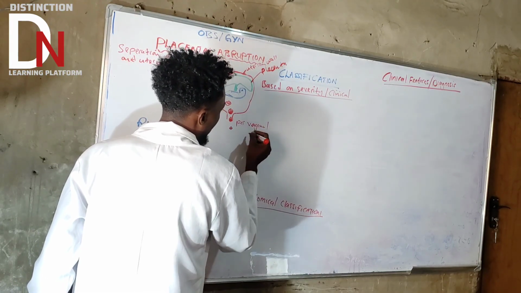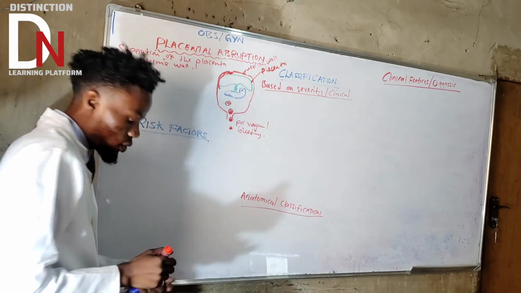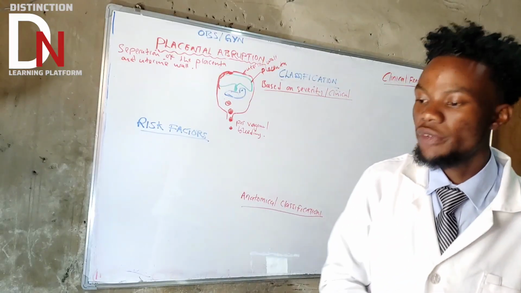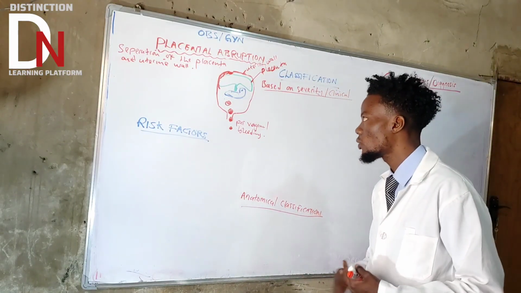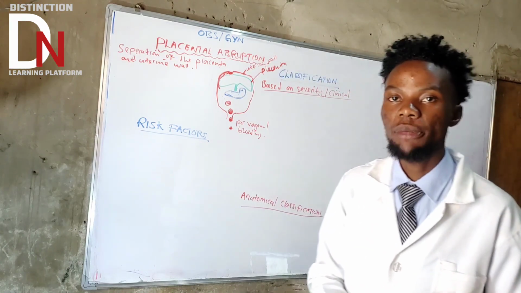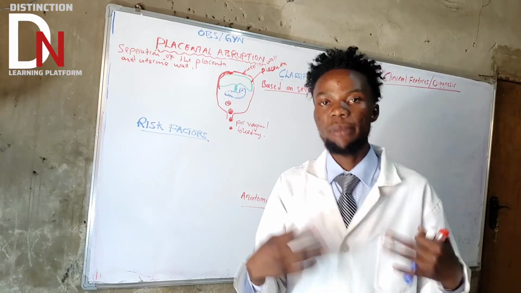I'm not saying that all abruptio placenta present with vaginal bleeding, but commonly they do, because there is also another type, which is concealed abruptio placenta.